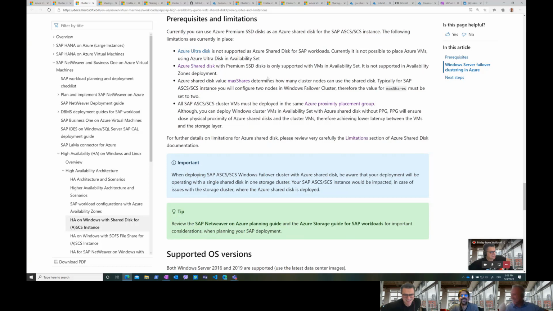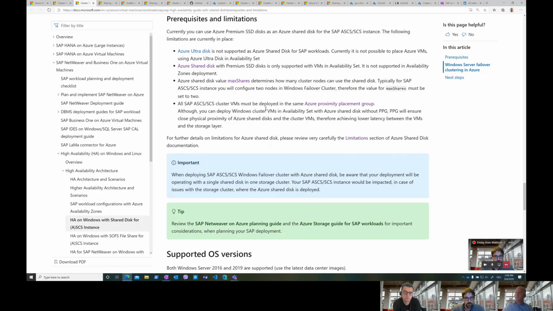Let me say nothing. But I also see proximity placement groups there. Yeah, the topic that we talked about last week. So exactly. This is another point: the cluster VMs need to be in an Azure proximity placement group. From an Azure Shared Disk perspective, this is not a must, so you can even do without. But without a proximity placement group, nothing will guarantee that the shared disk is close to the VMs or in the same DC.